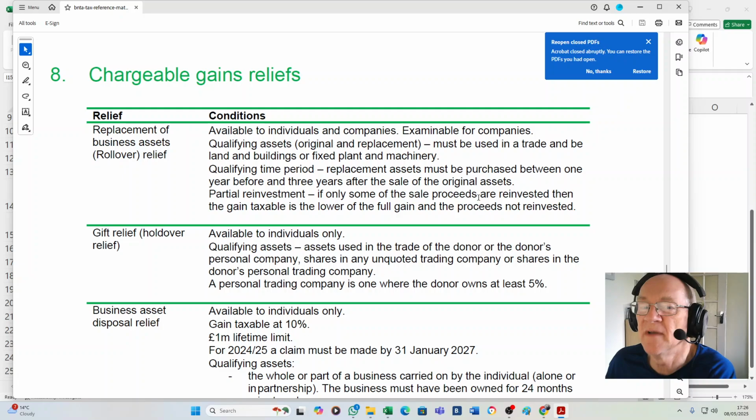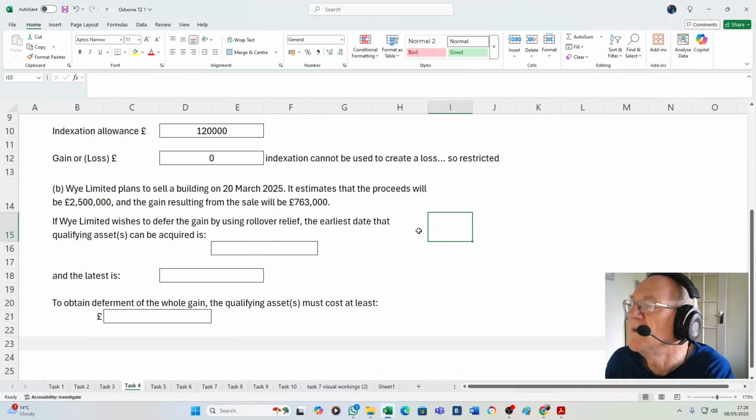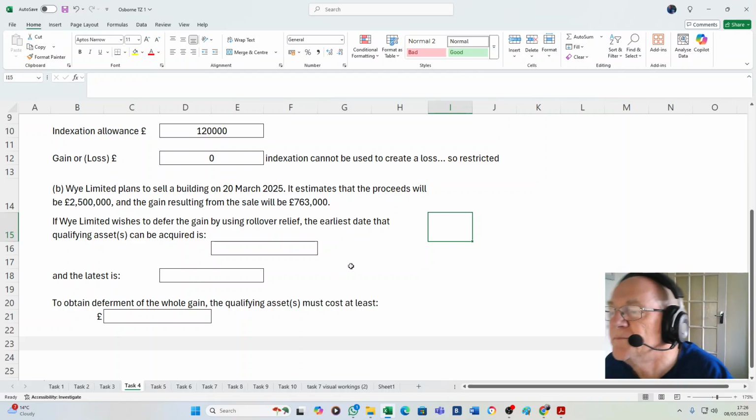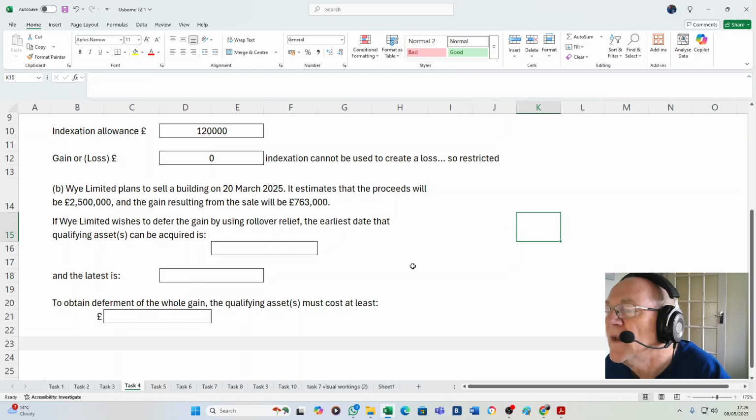So in this case we know how much gain they made. If they didn't reinvest, well, let's look at the numbers. If they didn't reinvest £500,000, it would be a £500,000 restriction. But this one's okay.